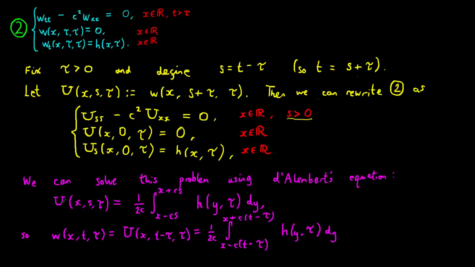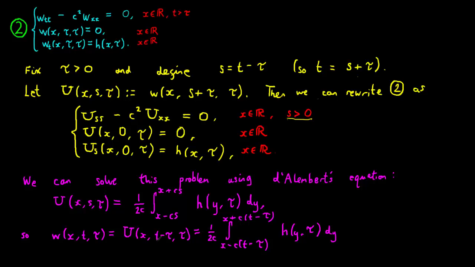So we found what uppercase U is. Now we can just undo the transformation that defined U with this shift in coordinates, because we don't really want an answer in terms of s, we want it in terms of t. So w of x, t and tau is just going to be U of x, t minus tau, tau. So that's from this relationship of how we defined U in terms of w up here.